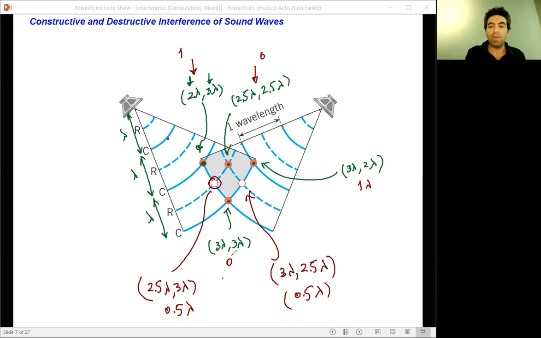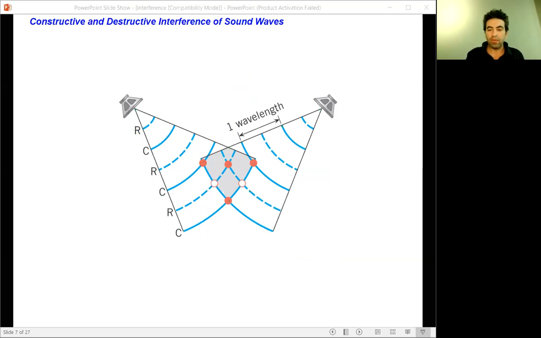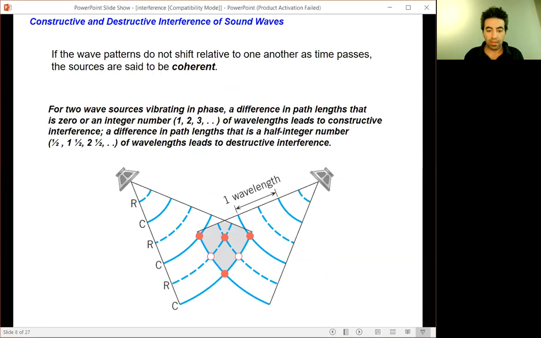But if I have an integer and a half multiple of lambda, then that's called destructive interference. So it looks something like this. If the difference in path lengths is 0 or an integer number of wavelengths, that leads to constructive.